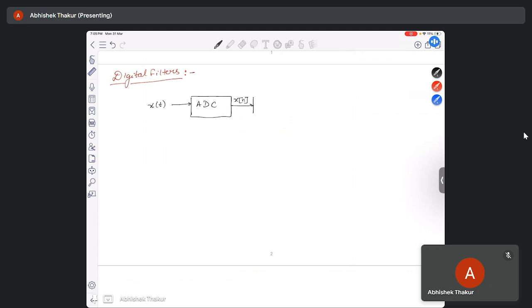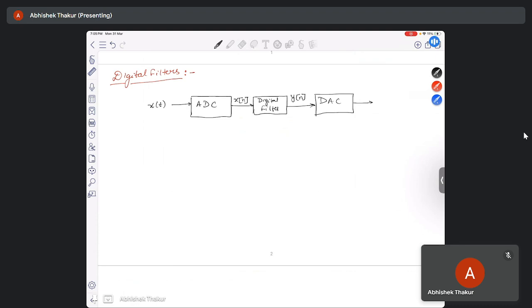Then we pass this to the digital filter, and we get y(n). Then, to reconstruct the signal, we pass this to the digital to analog converter, because now we have a digital signal.